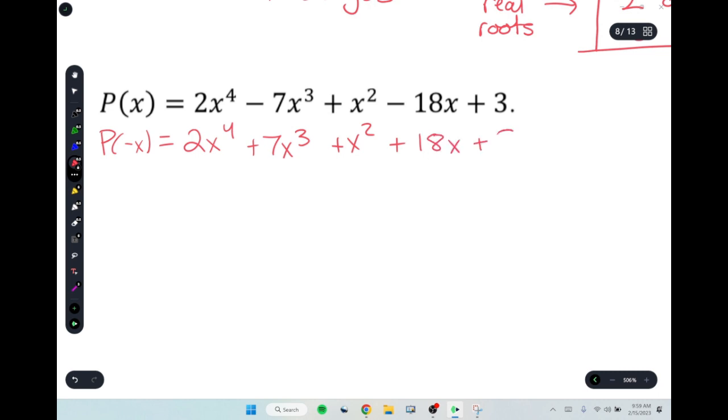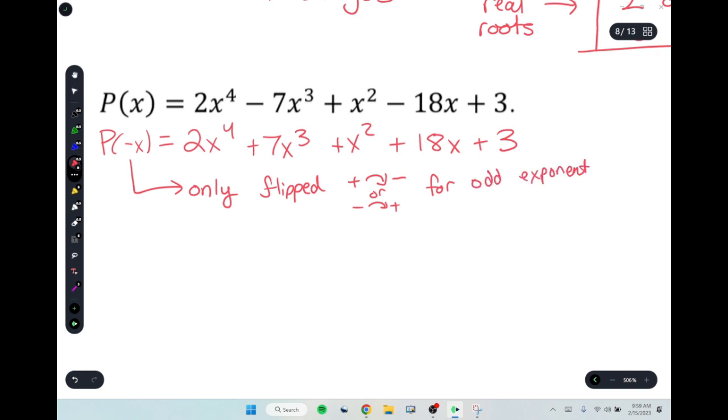Last thing flip-flop. Nope, because there's nothing to plug in. So that negative x, technically, if we want to make a little note, only flipped positive to negative or negative to positive for odd exponents, right?